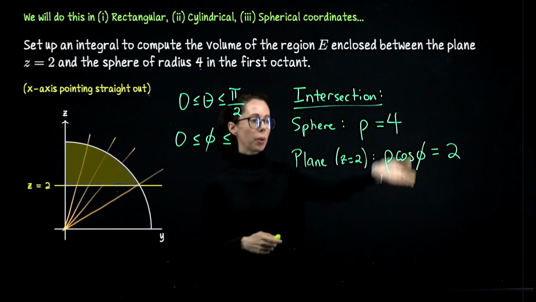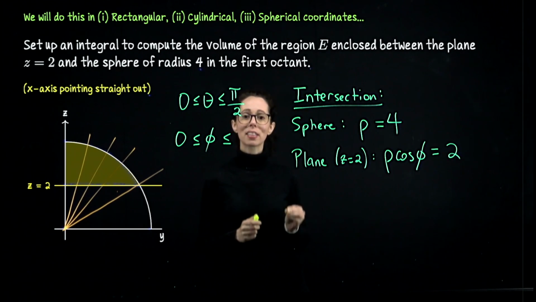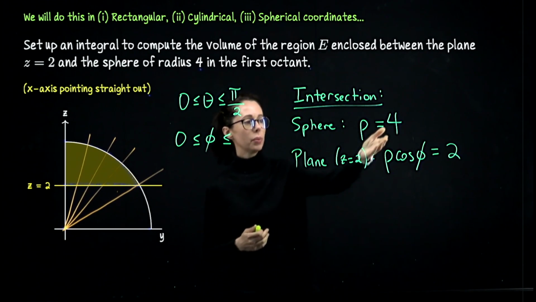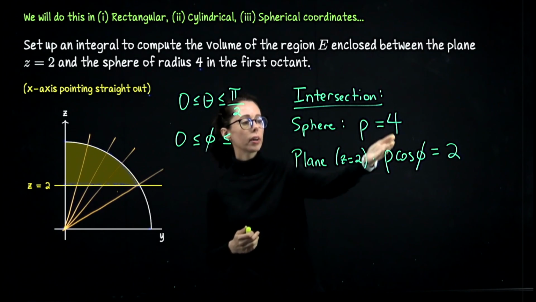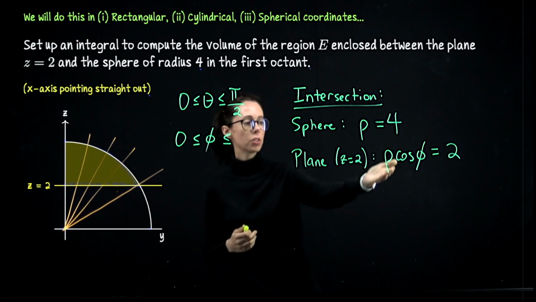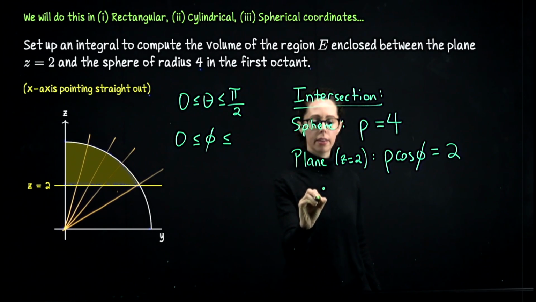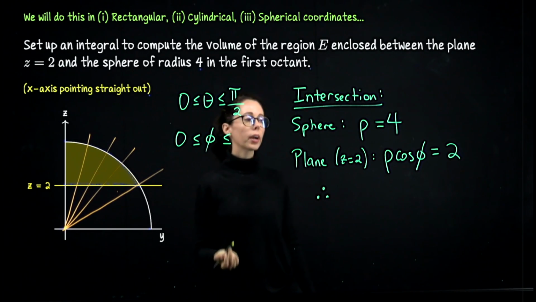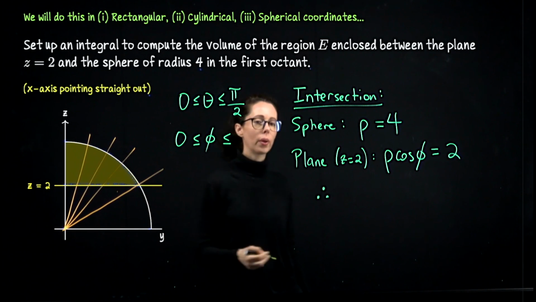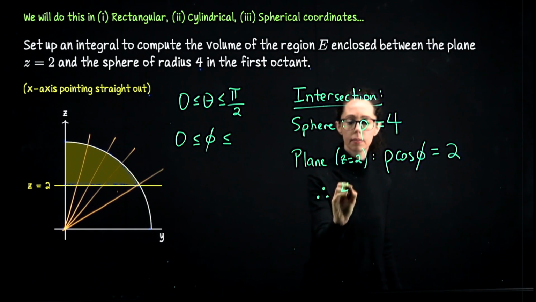They intersect when both of these equations are simultaneously true. Once again, we have a substitution. Rho is 4, rho appears here. Let's substitute 4 into the second line. So we can say, therefore, 4 cosine phi equals 2 when the sphere and the plane intersect.